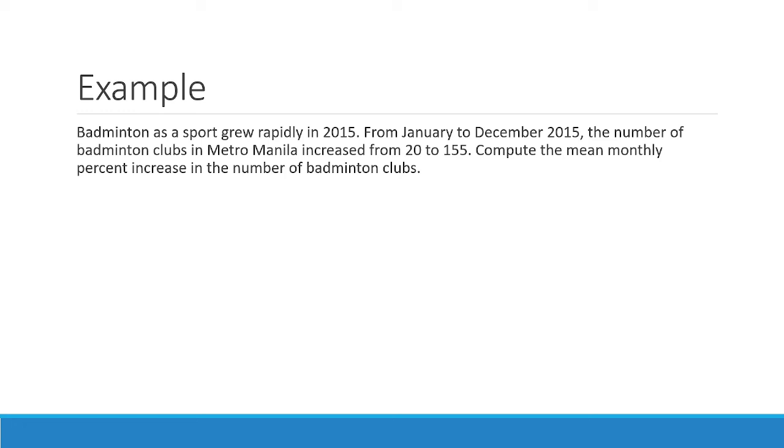So, but pwede mo pa rin gawin yan. So compute the mean monthly percent increase in the number of badminton clubs. So as you can see here, we just have the starting value and the value at the end of the period. Meaning to say, 20 yung sa January and 155 for December.